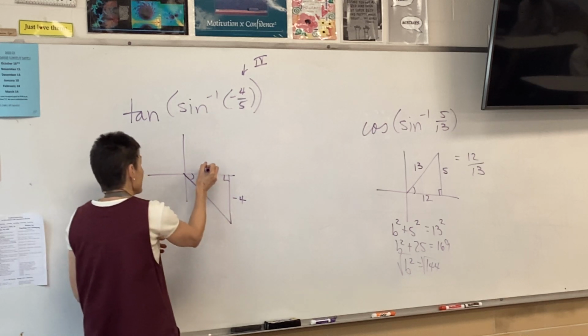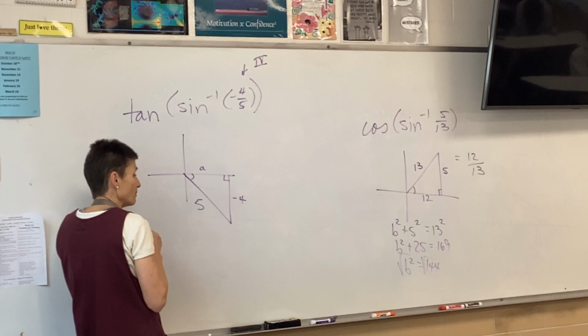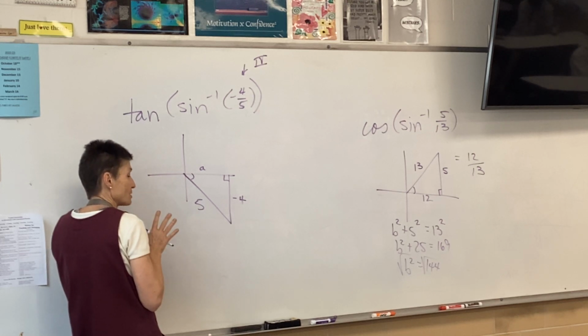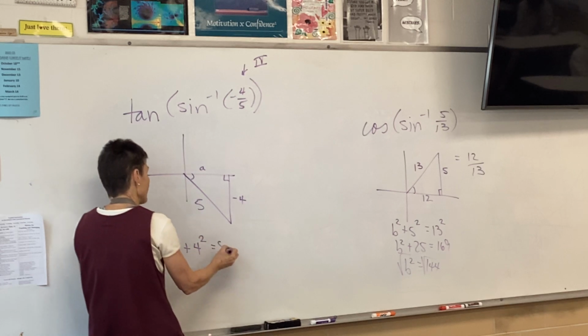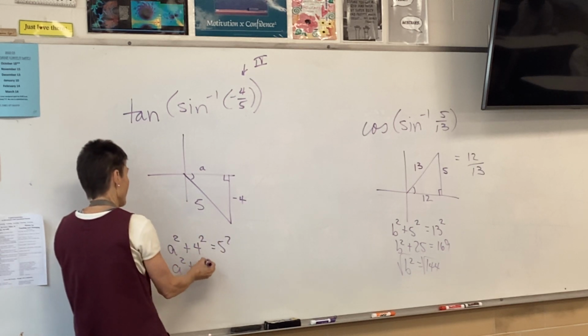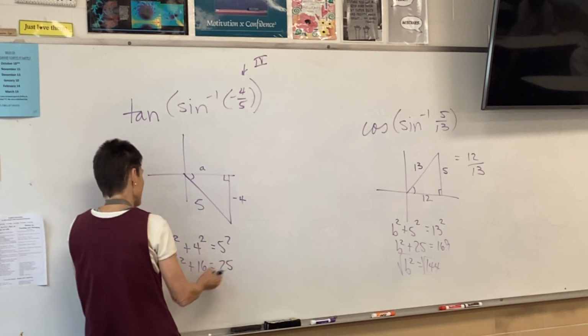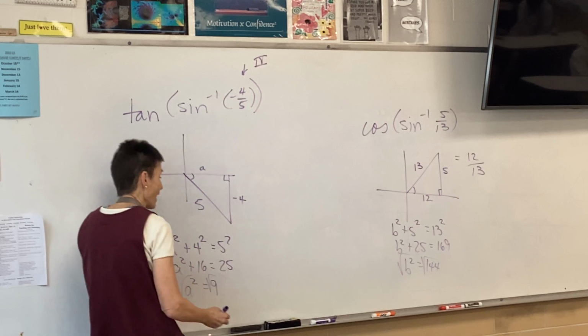Now, I'll call this A, call it B, I don't care what you call it. But when I do my Pythagorean theorem, no negatives. So A squared plus 4 squared equals 5 squared. Remember, you're squaring, so the negatives disappear, and it's easier just not to put them in.